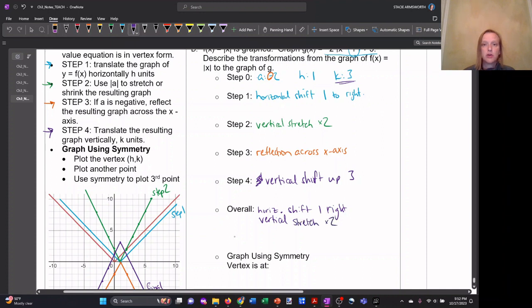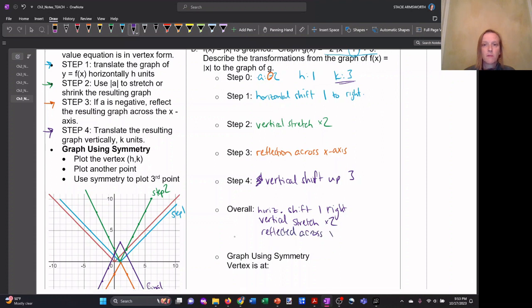That was ×2. Then I reflected across the x-axis. And then I had a vertical shift up 3, positive 3.